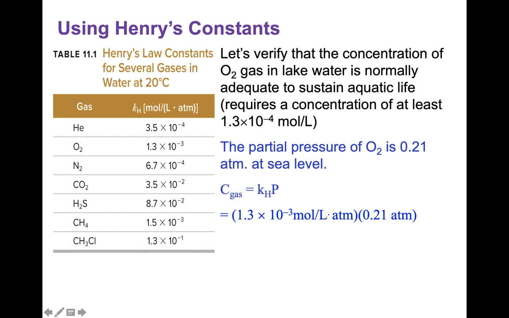For oxygen, the Henry's Law constant is 1.3 times 10 to the negative third, times a partial pressure of 0.21 atmospheres. So we find in general at that partial pressure of oxygen, we have 2.7 times 10 to the negative fourth moles per liter, a sufficient concentration of oxygen for fish and other aquatic life to survive.